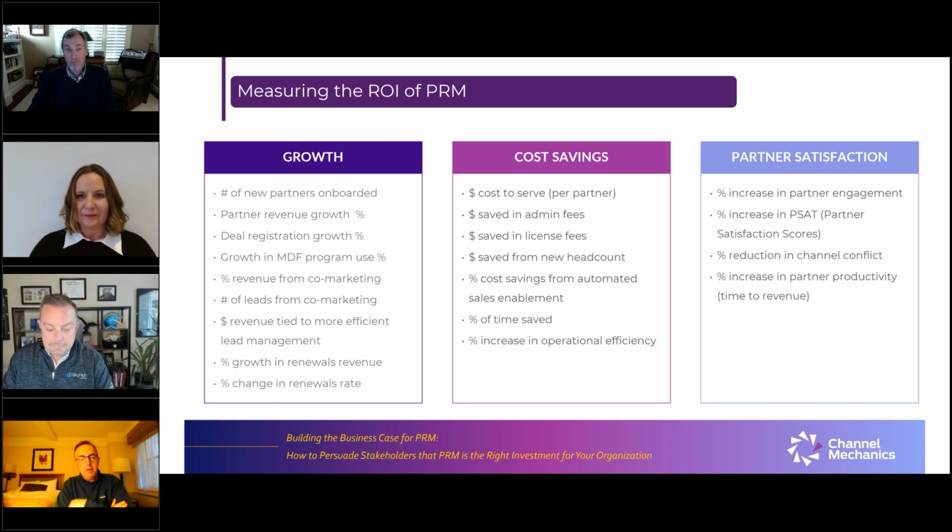Another thing I would say to people is, look, who sells without having a CRM system? Probably very few. You would have to be a tiny company not to have a management system to bring in your direct sales. So as you go to market through the channel, why would you not have a partner relationship management system?